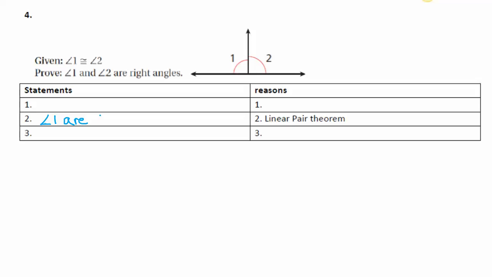So angle 1 and angle 2 are supplementary by the linear pair theorem. So isn't that good?